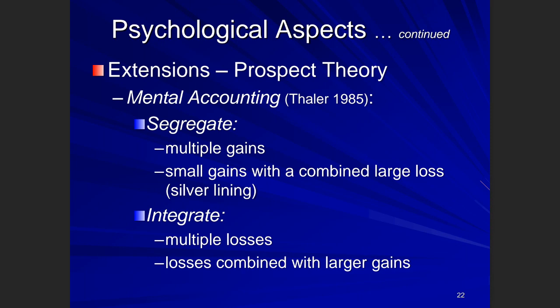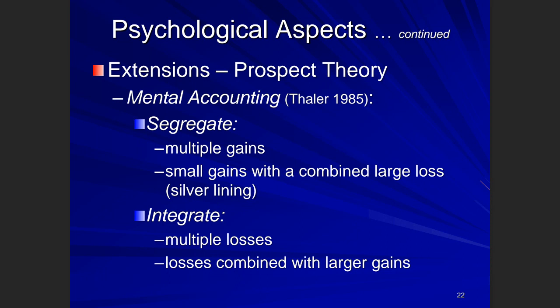Richard Thaler, by the way, about 2-3 years ago, I guess it was, he won the Nobel Prize in behavioral economics. So yeah, beautiful work. So he said some interesting things here, Thaler did. And when we look at extending prospect theory into more precise combinations of gains and losses, there are some very important conclusions that can be drawn, as suggested by Thaler.